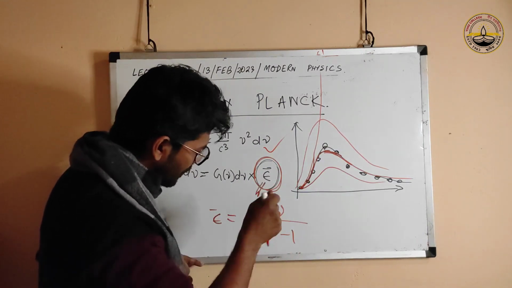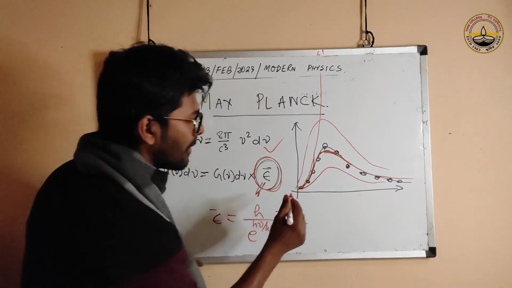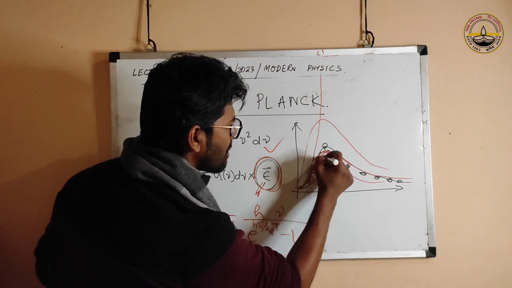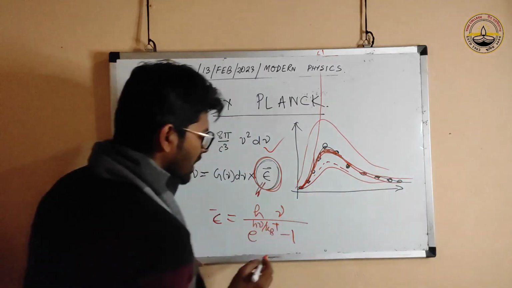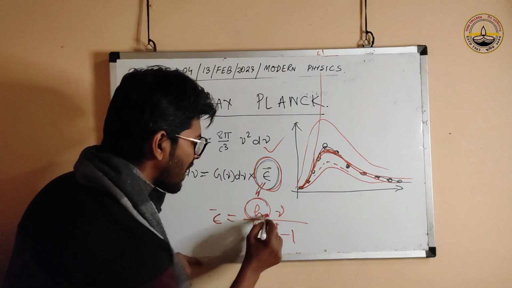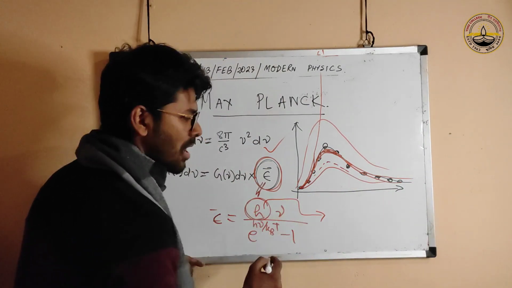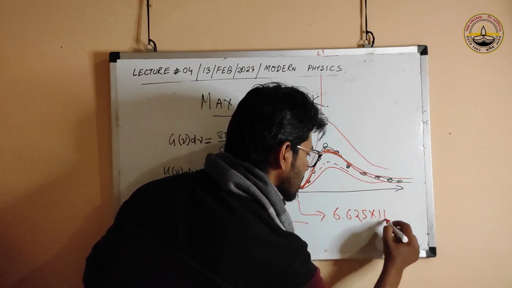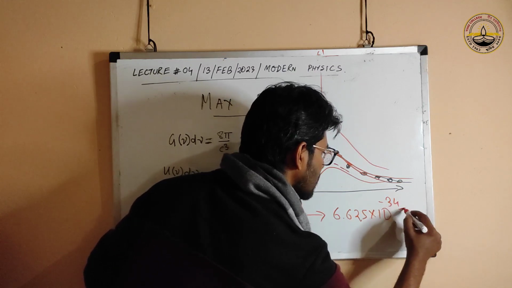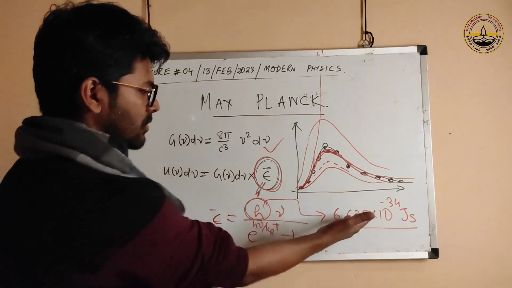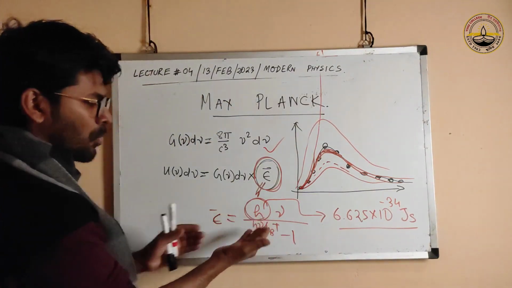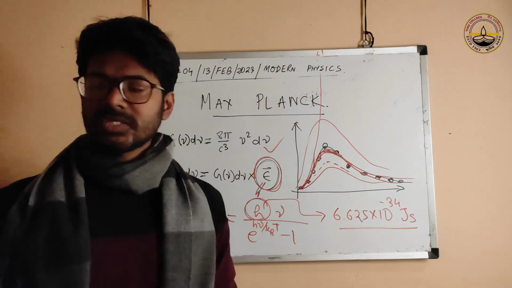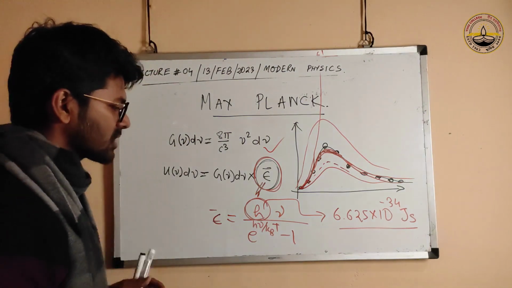So at perfect tuning, he increased this slowly, and he found exact match with the data. And that tuned value of h turned out to be around 6.625 times 10 to the power minus 34 joule seconds. That was the value of this proportionality constant that is now known as Planck's constant, the celebrated Planck's constant.